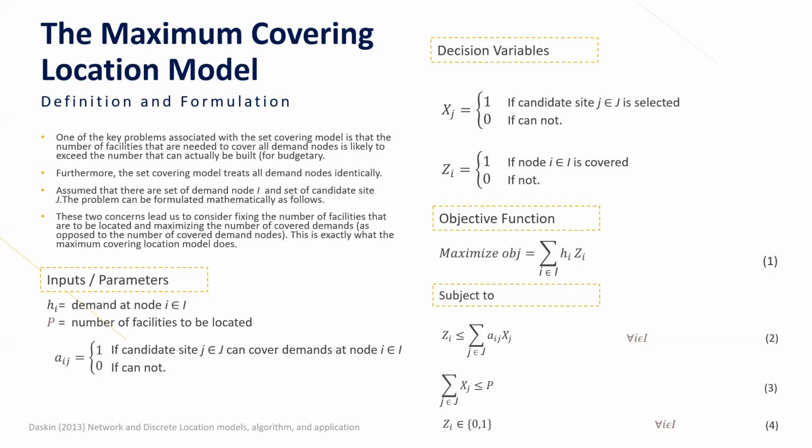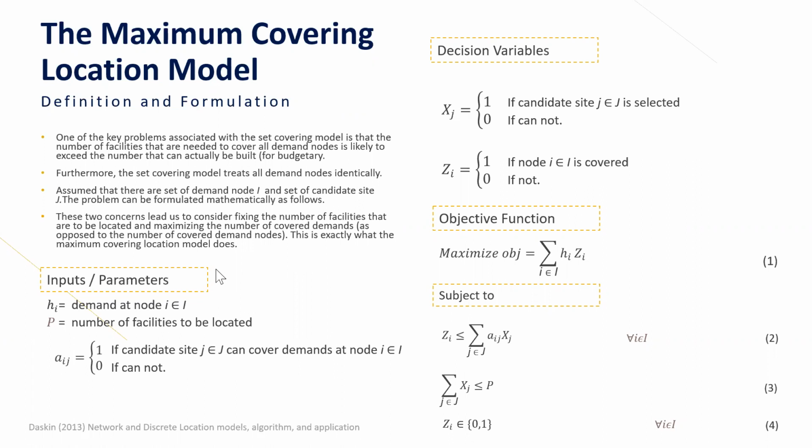Basically, this model allows us to not cover all the demands in the network, but to maximize the demand coverage by selecting the facilities to be opened, limited by the number of facilities that can be utilized.